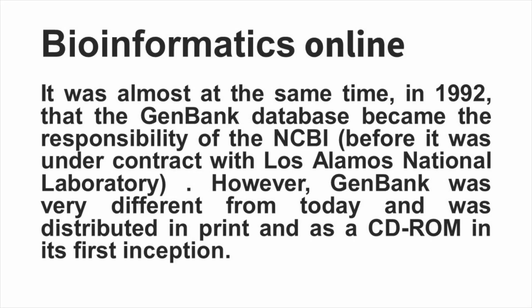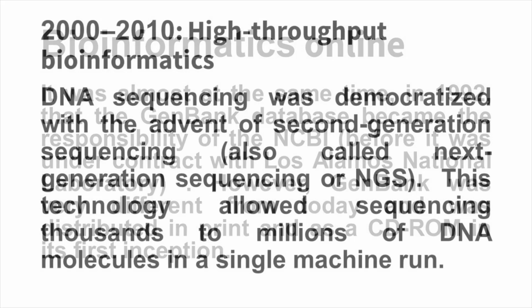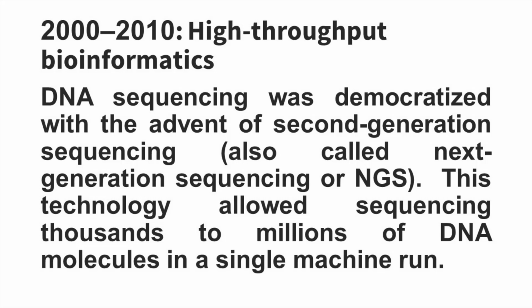The next decade from 2000 to 2010 is known as high throughput bioinformatics. It's because of the improvement in DNA sequencing methods and also the improvement in NGS, that is next generation sequencing. NGS allows sequencing thousands to millions of DNA molecules in a single machine run, which revolutionized sequencing technology and also bioinformatics.